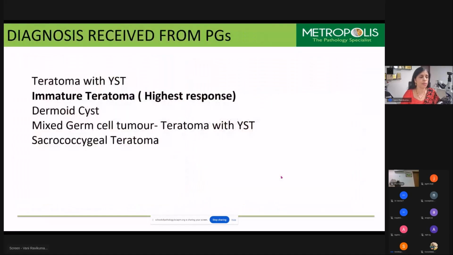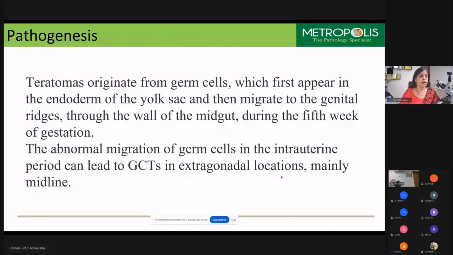So coming to the discussion part of the case, these teratomas are basically from the primordial germ cells. In the yolk sac, they start proliferating and migrating towards the genital ridges, that is the gonads, and they pass through the midgut during the 5th week of gestation.